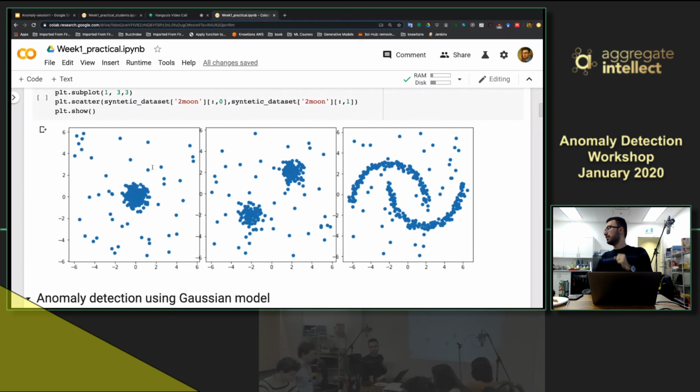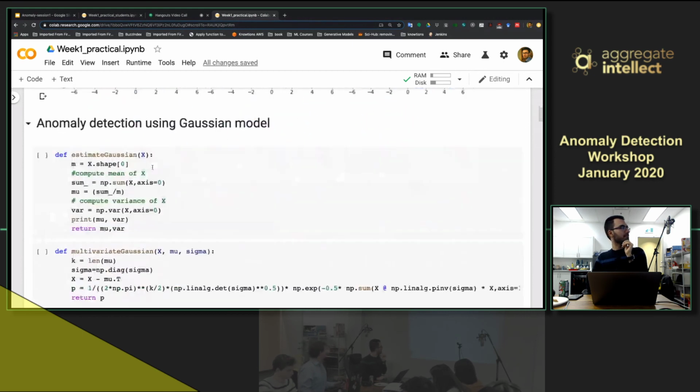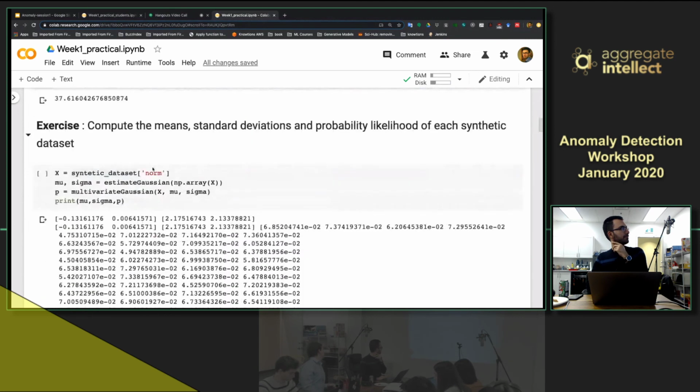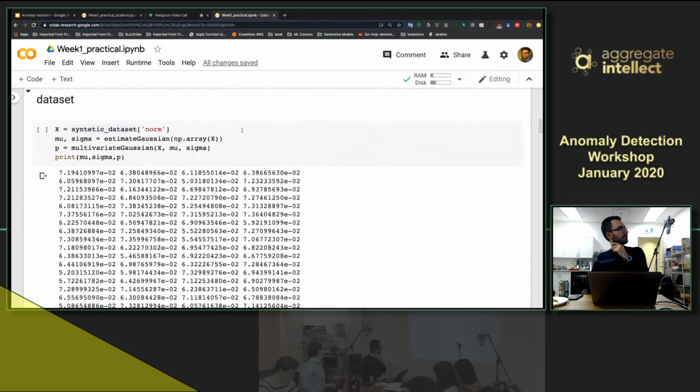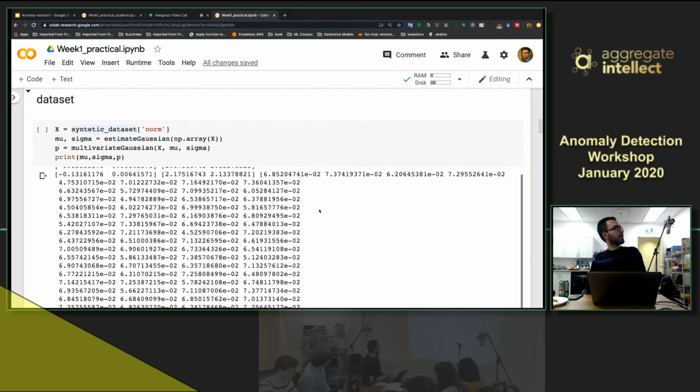That's the actual exercise for the Gaussian model. As an example here, I've done that for the norm one. What will happen if you play with different things?